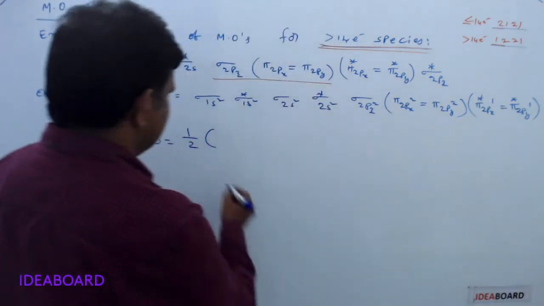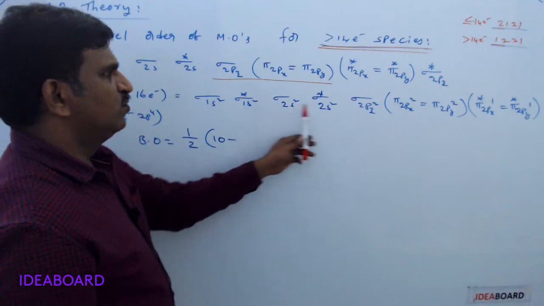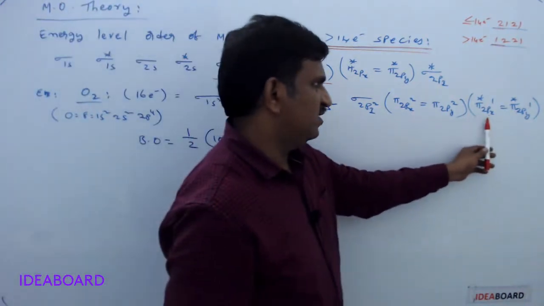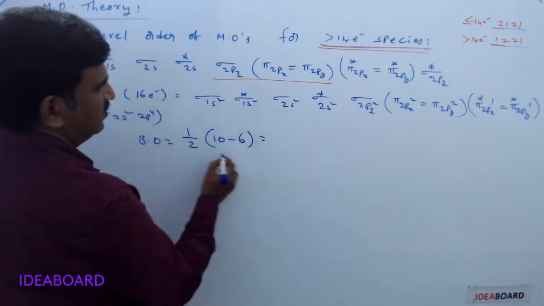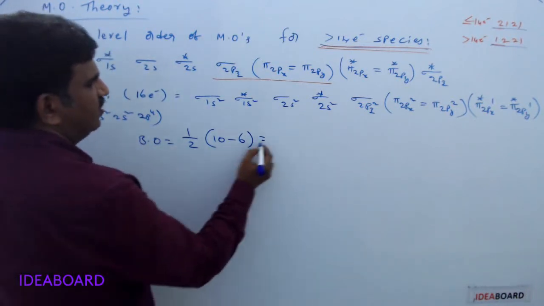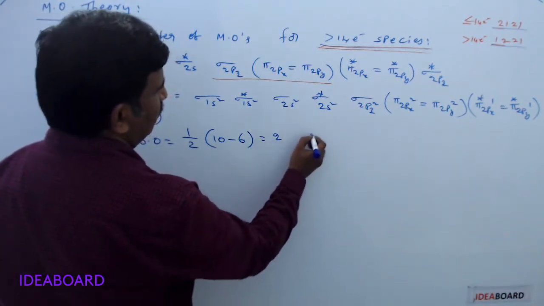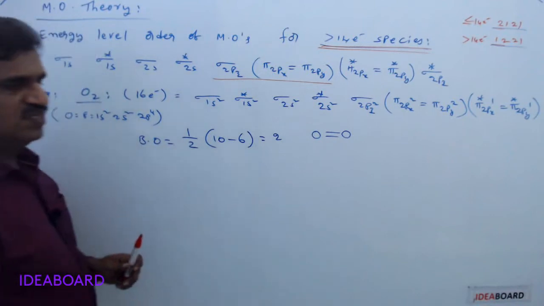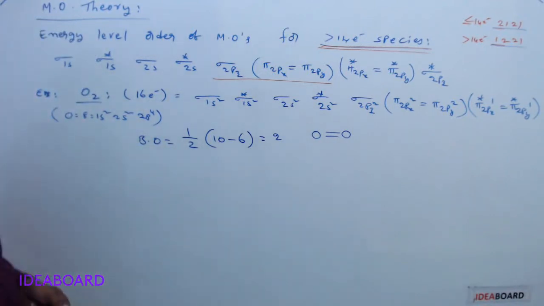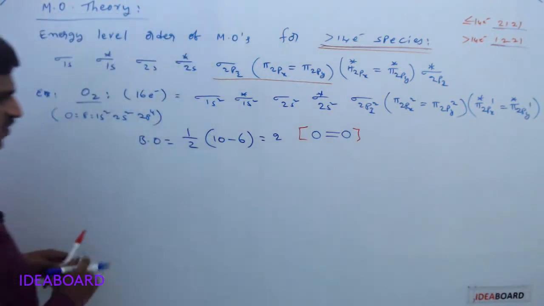Ten electrons minus anti-bonding 2, 4, 5, 6. So 10 minus 6 is 4, divided by 2, so it is 2. Bond order 2 means between two oxygen atoms there is a double bond, as indicated by this bond order value.